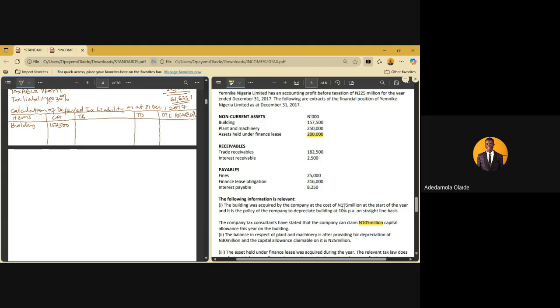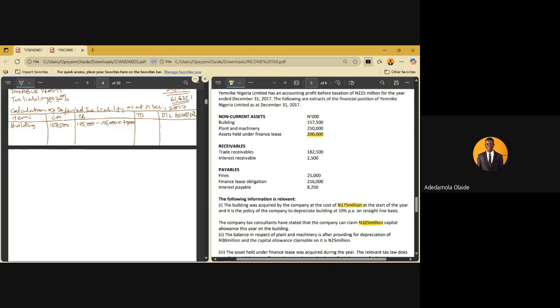For building, they gave us the cost to be 175 million. So that will be 175 million minus the capital allowance of 105 million, and that will give us 70 million.